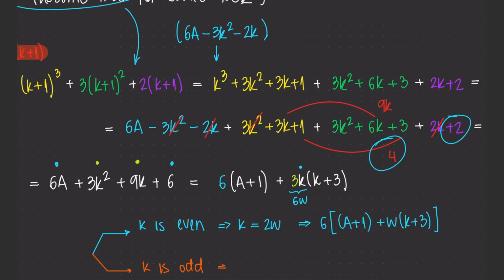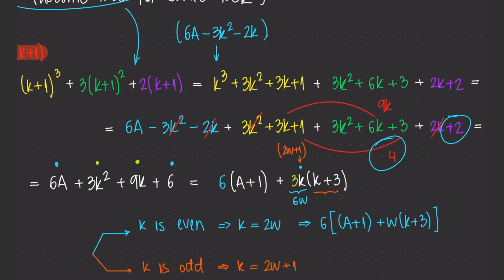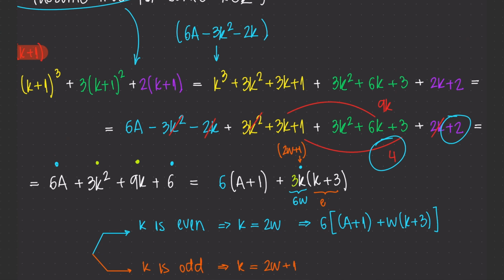Now let's think about another scenario. Let's say that k is odd. If k is odd, it can be written as, for example, 2w plus 1, which means that we're going to have over here a 2w plus 1, which does not help, not right now. However, any odd number plus 3 gives us an even number, so this guy will be even.